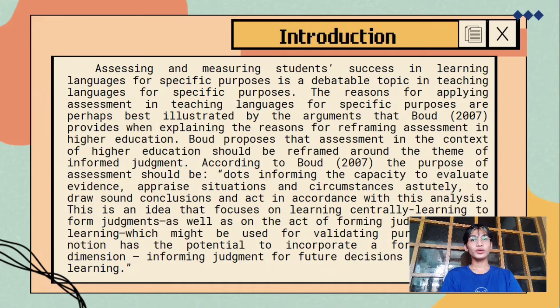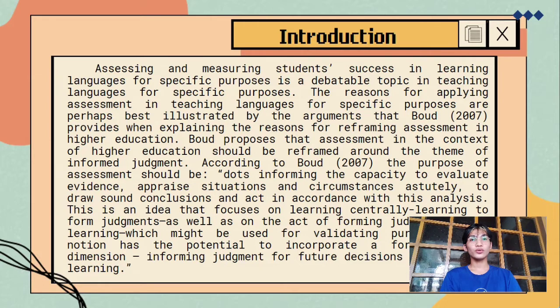According to him, assessments should be a means of tracing data in order to gain evidence, perhaps of the improvements or changes that occurred in students' learning process. More so, to accurately assess the situations and circumstances in learning.